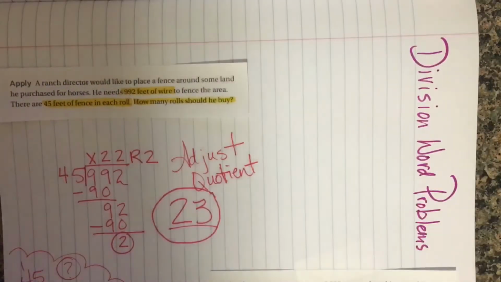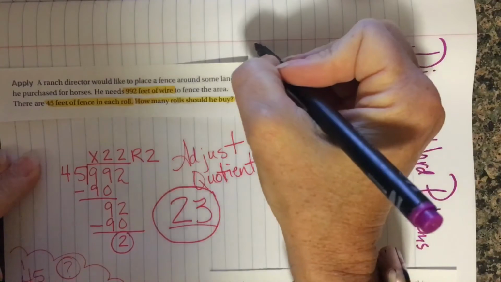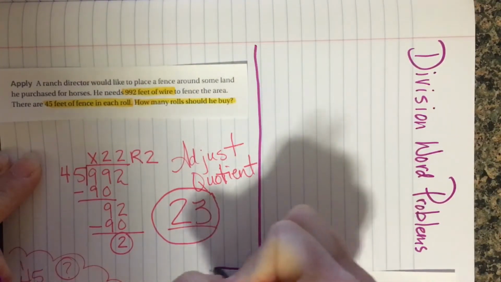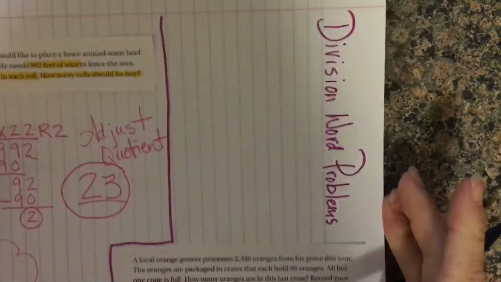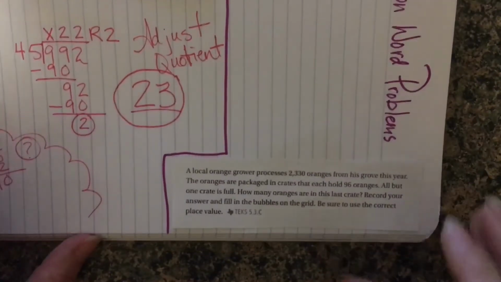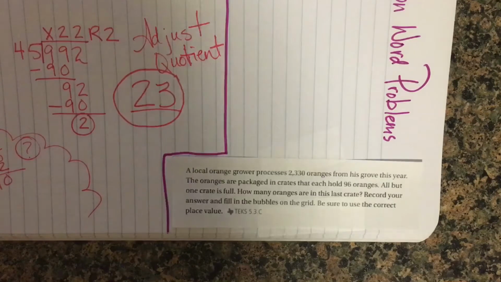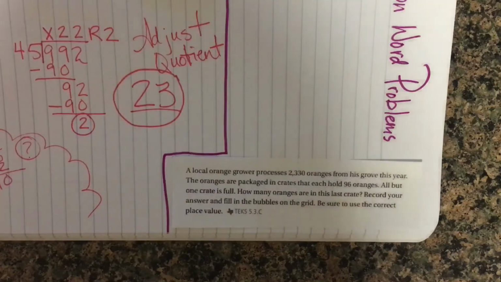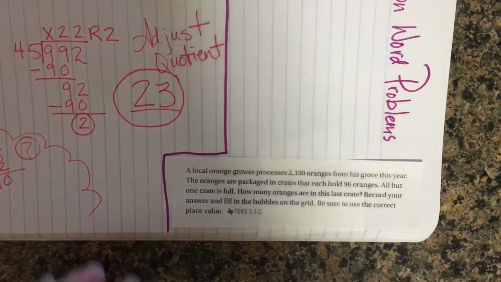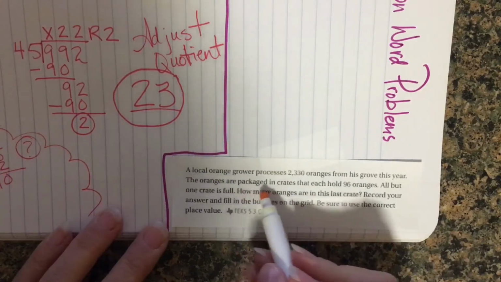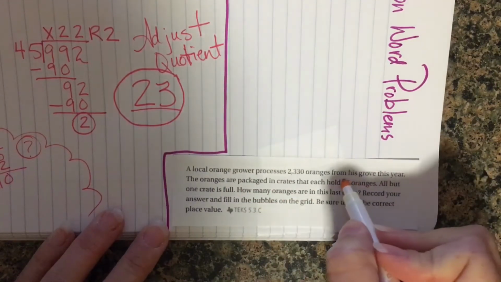On this next problem here, I'm going to just draw a box around what we've done. It says a local orange grower processes 2,330 oranges from his grove this year. The oranges are packed into crates that each hold 96 oranges.